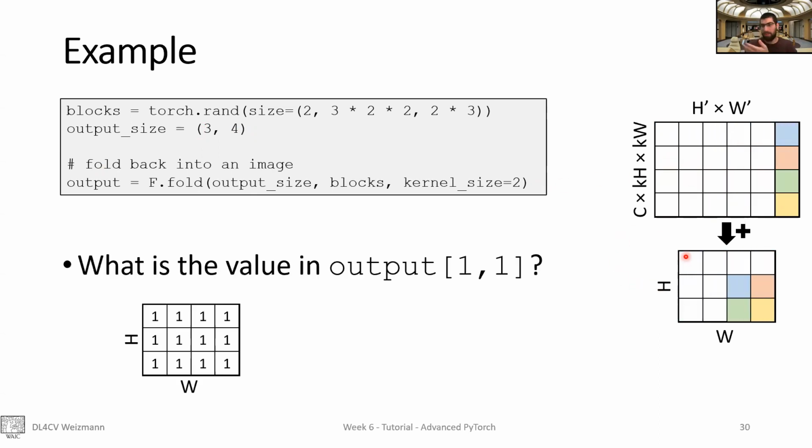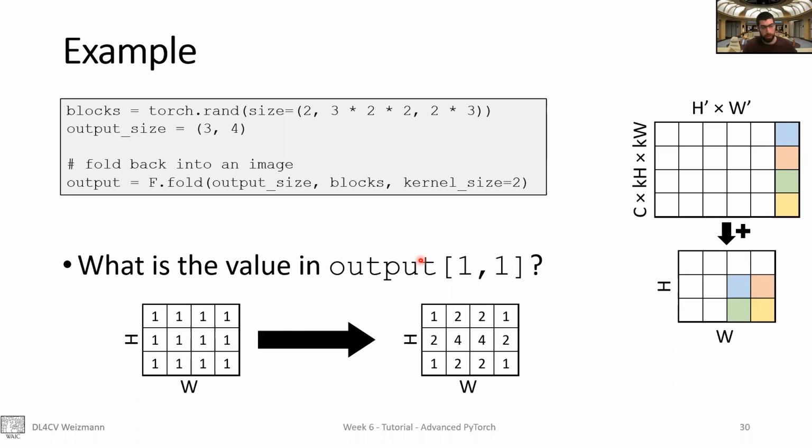So as someone asked before, if this is the original image that we unfolded and now fold back, what would be the value in output 1 on 1? Does anyone know? 4? 4, exactly.